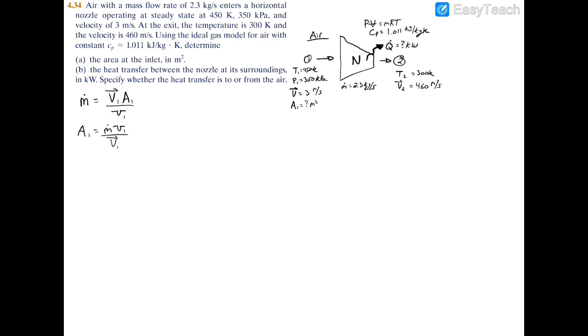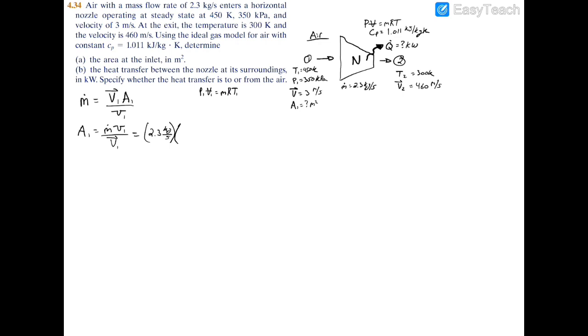And now we can start filling in what we have. So we'll set this equal to our mass flow rate of 2.3 kilograms per second. We have our specific volume, which actually we need to calculate using the ideal gas law. So again, remember we have P1 V1 equals m RT1.